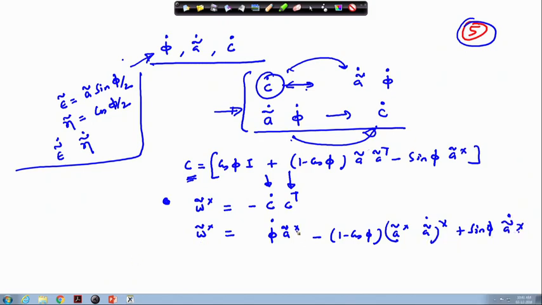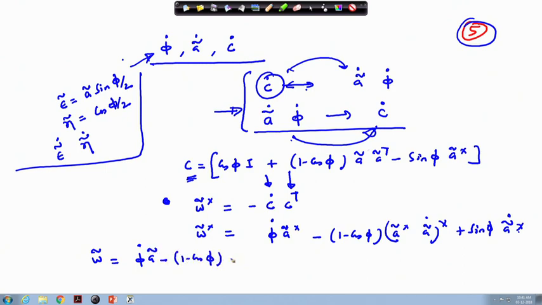If the cross notation is taken off from both sides, this gets reduced to phi dot A tilde minus 1 minus cos phi A tilde cross times A tilde dot plus sin phi times A tilde dot.